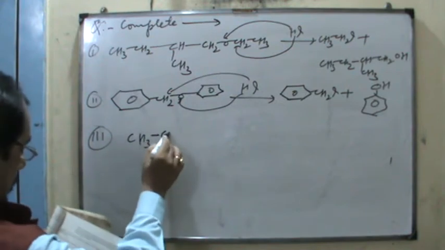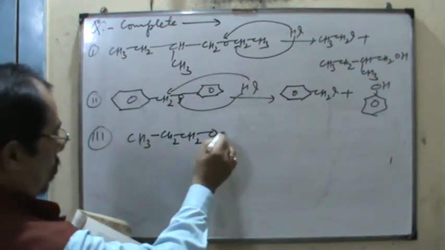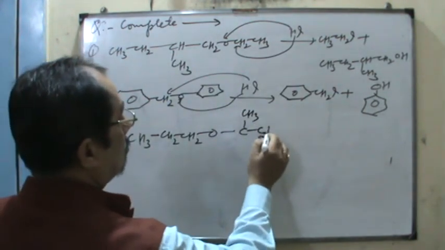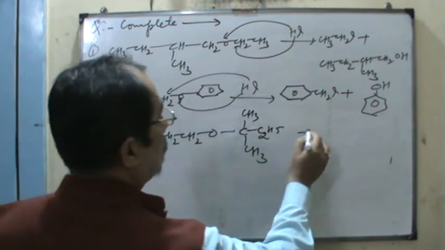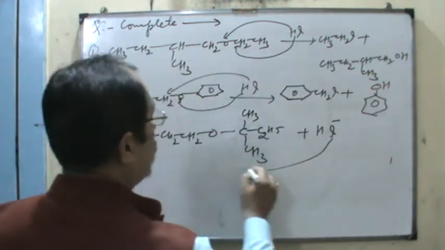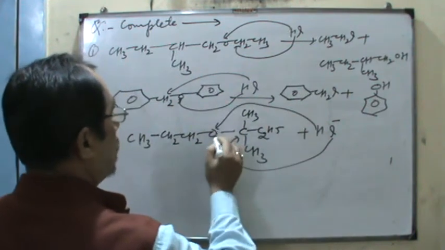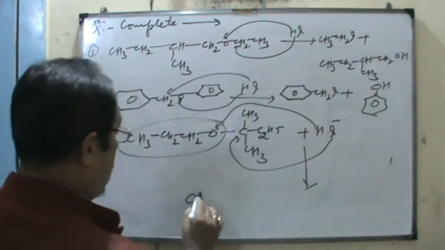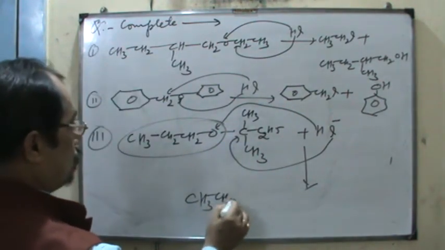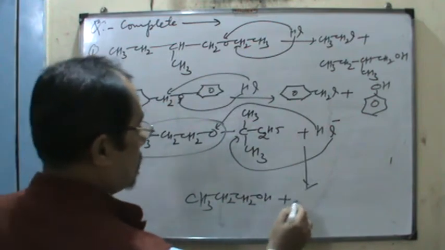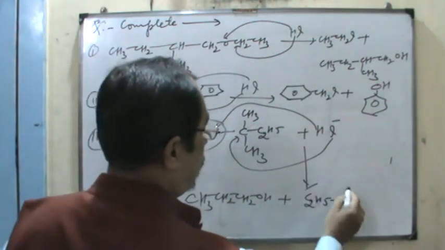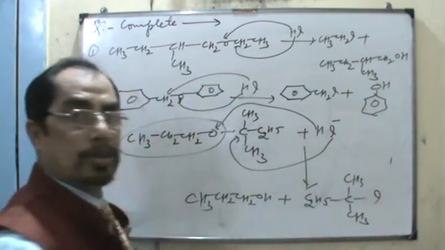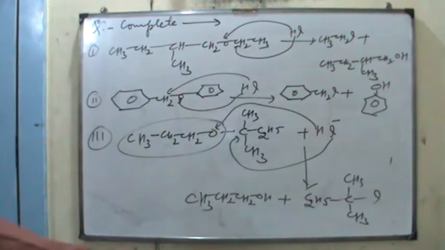Question number 3 is this: CH3CH2CH2O, then CH3, C2H5 and CH3. As I have told you earlier, iodide will be here and H will be here. This part is going to give the right answer. This is CH3CH2CH2OH plus C2H5, CH3CH3, and iodide ions are formed.